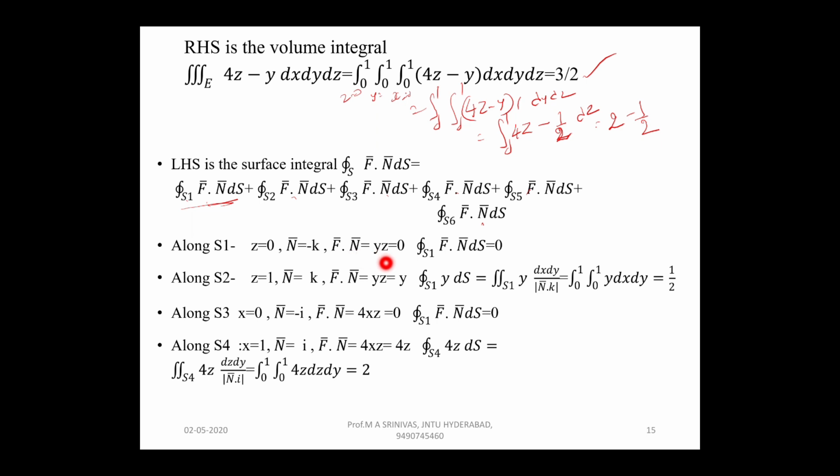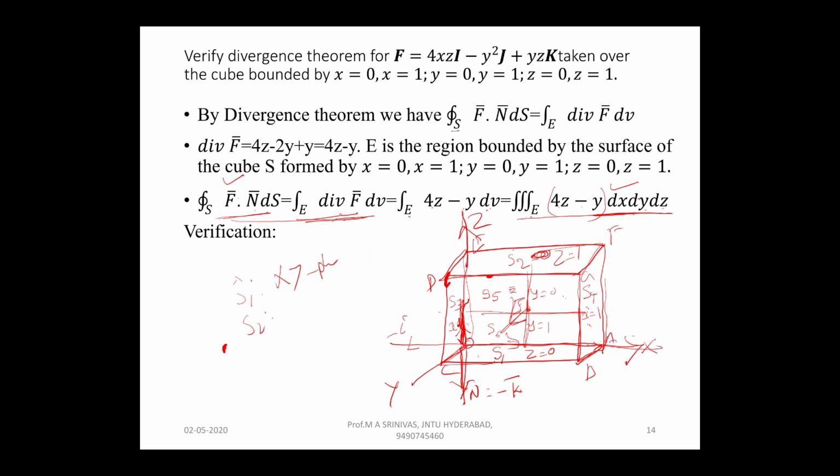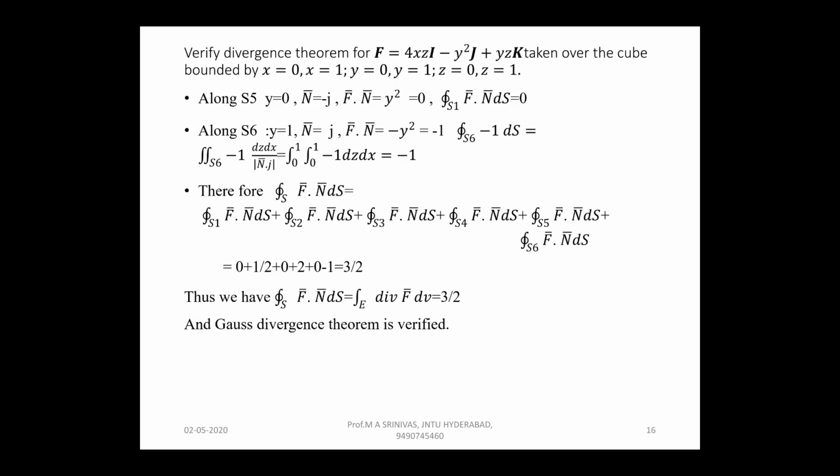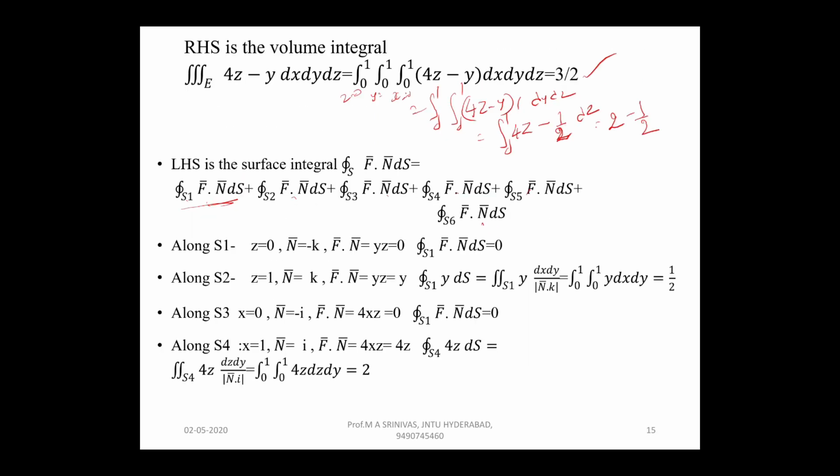So what is F bar dot n bar? Let us write F bar here once again. F bar is 4xz i bar minus y square j bar plus yz k bar.